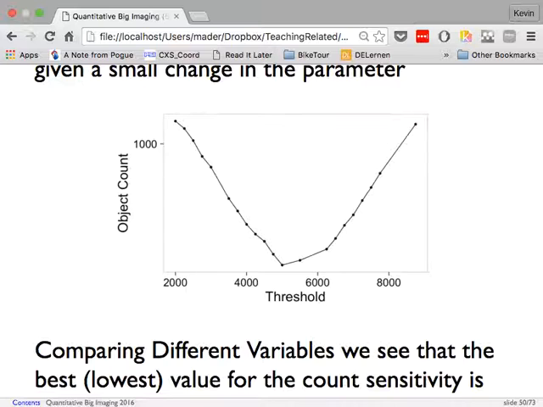Looking at this curve, if this is your object count versus your threshold, where would you set the threshold? Assuming that all of the images are fairly similar, and you want to use this curve so that the threshold you have is the most reliable one, and small variations in your image are unlikely to cause lots of changes, where would you take it?